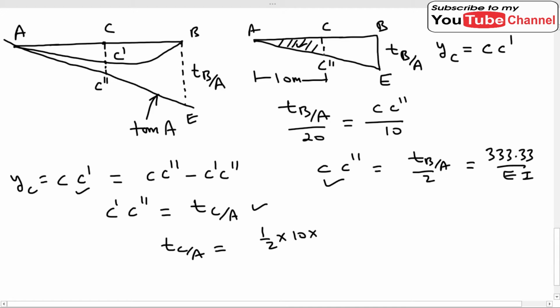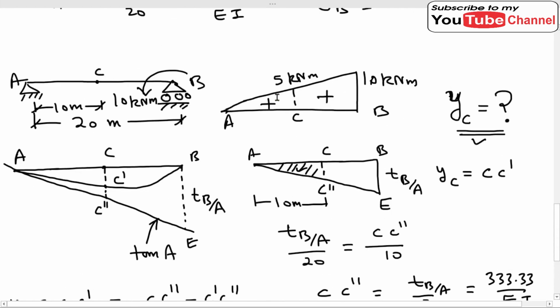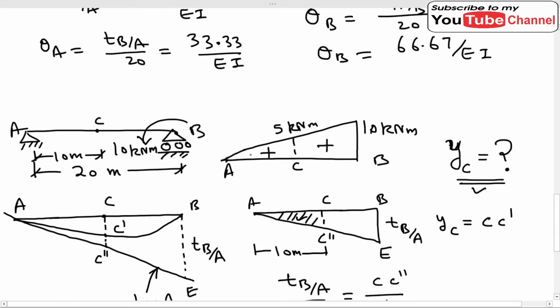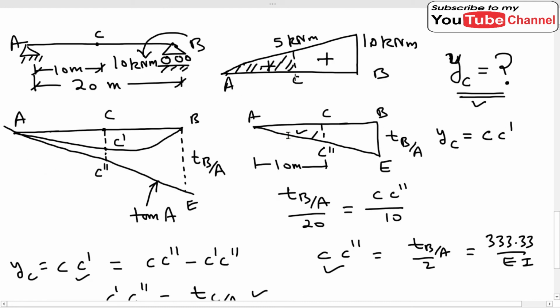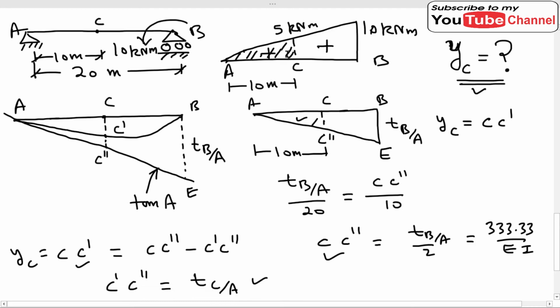We know that AC is 10 meter, and the maximum value of bending moment is 5, at C it is 5.